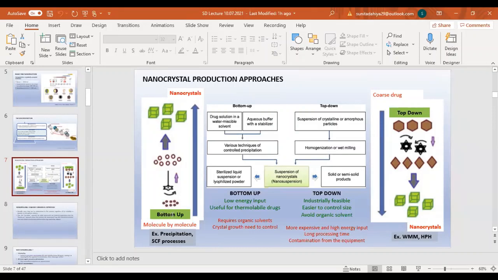Say, for example, you have a solution and you go for the precipitation by the anti-solvent method. This anti-solvent precipitation is the most commonly used method for nanocrystal production in the laboratories, whereas none of the bottom-up approaches has till now been approved by FDA for marketing. They are only under research.